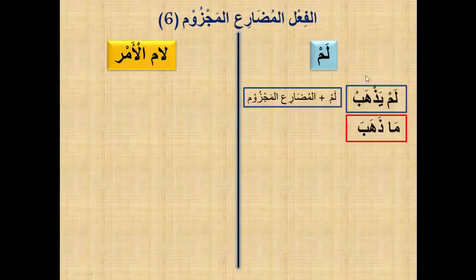We can also say ma dhahaba. This construction consists of ma plus al-madi, the past tense. The meaning for both phrases is the same: he didn't go. So lam yadhhab and ma dhahaba are semantically equivalent. We're saying the same thing, but we're using a different grammar construction.